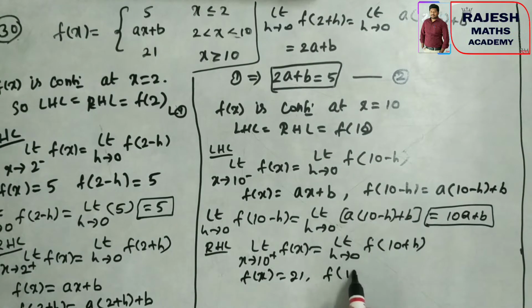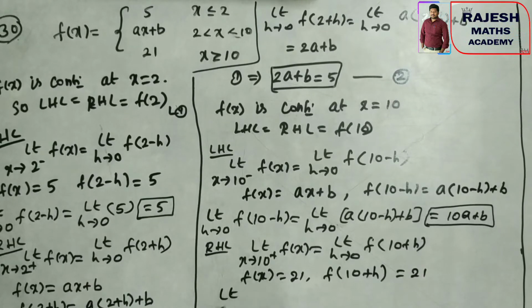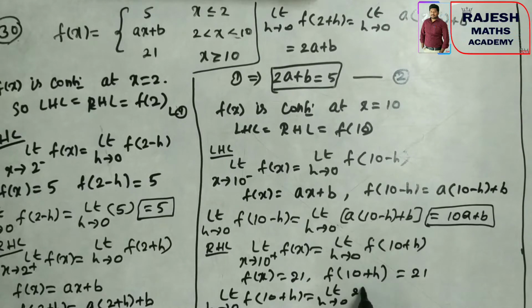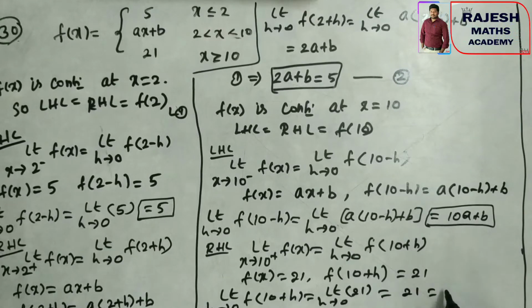Similarly, f of 10 plus h is also equal to 21. Applying the limit, we will get 21. So our RHL is equal to 21.